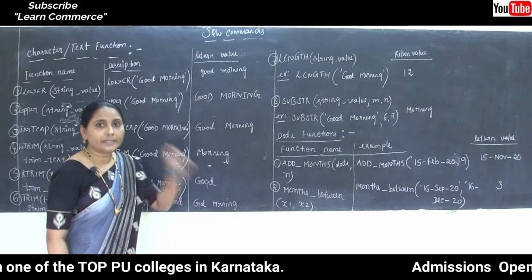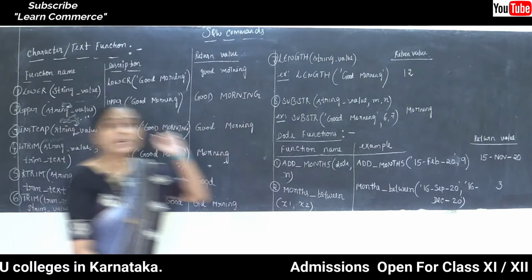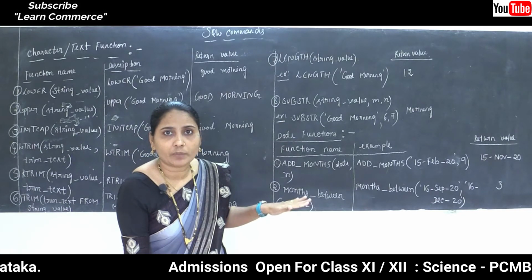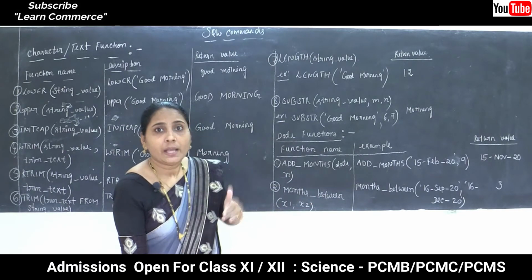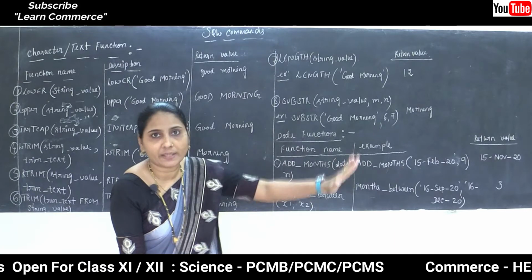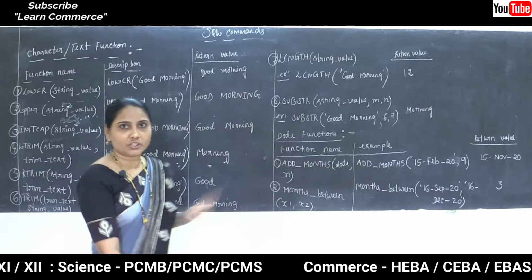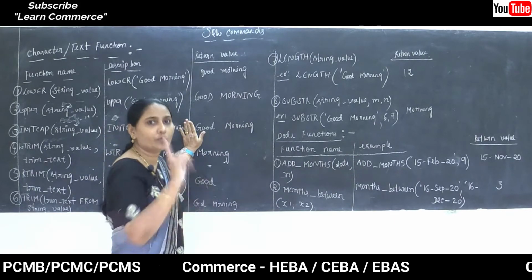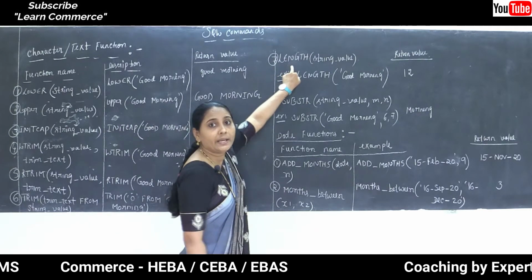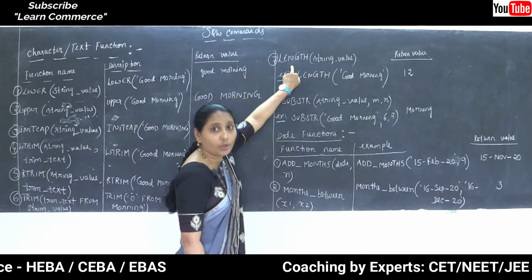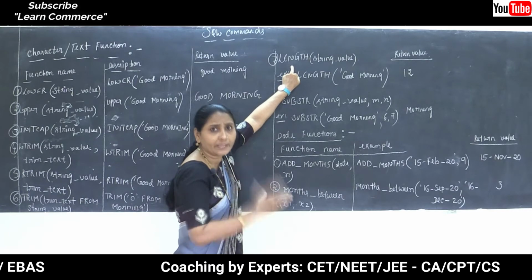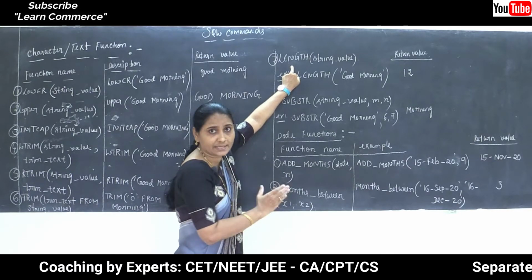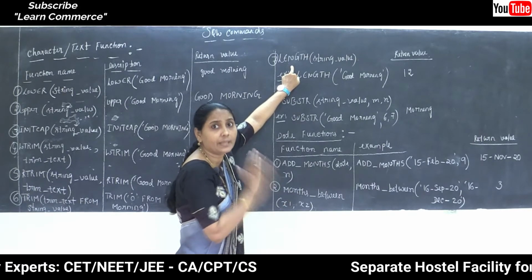Every function displays its answer in the same manner, except one function in our character functions: the length function. It returns the output on a value basis, on a number basis.